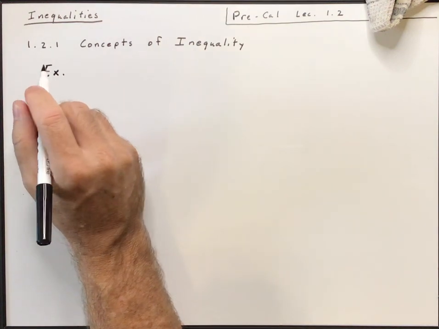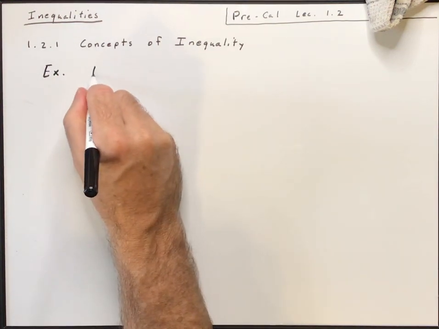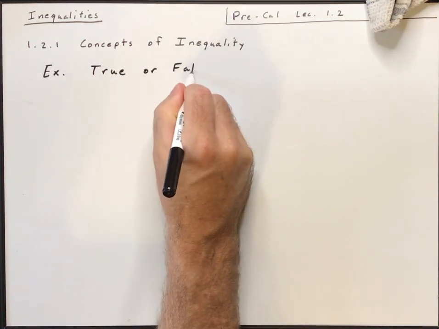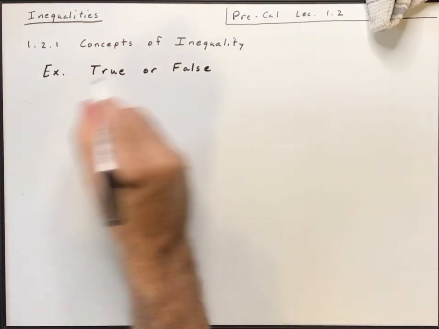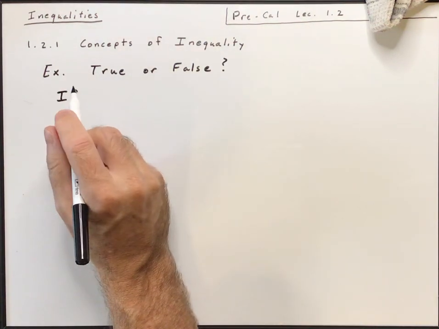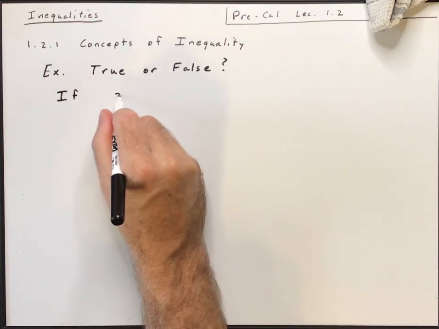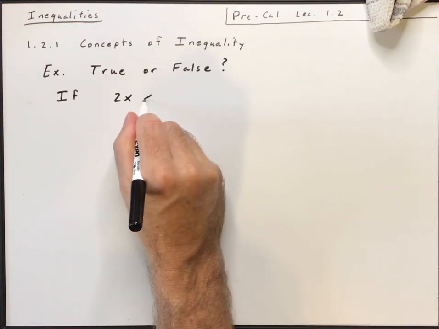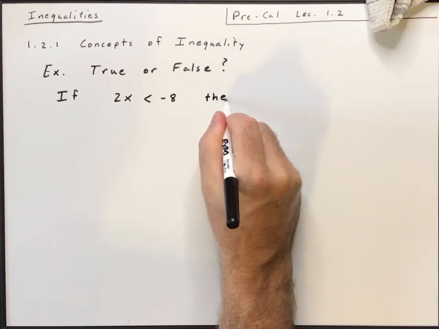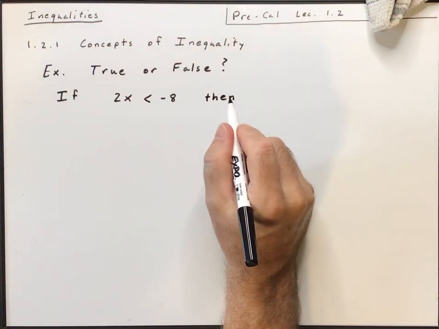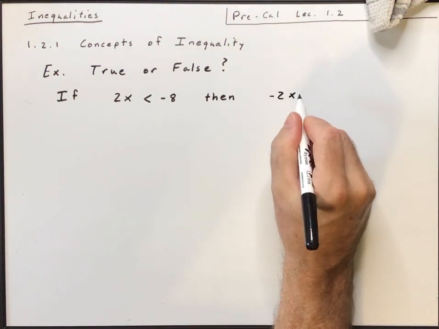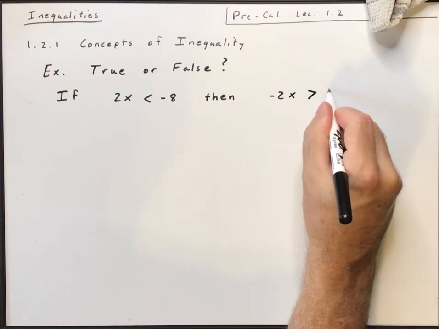So this one would be true or false. If 2x is less than negative 8, then negative 2x is greater than 8.